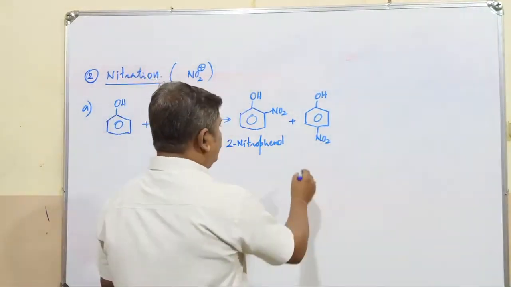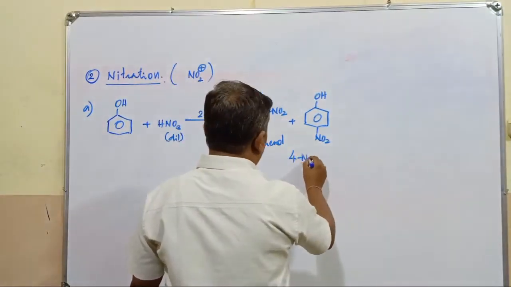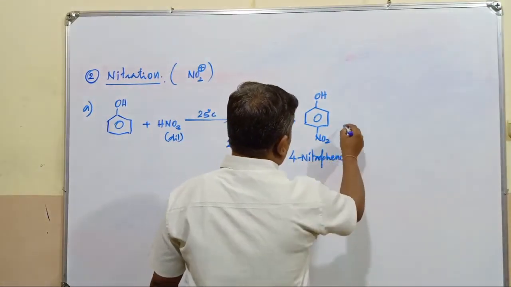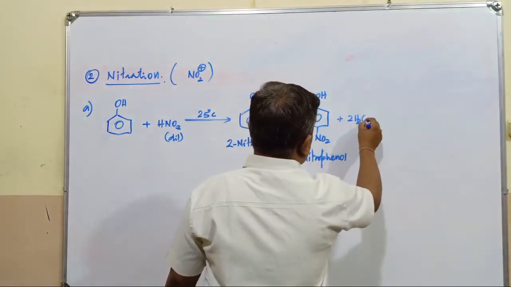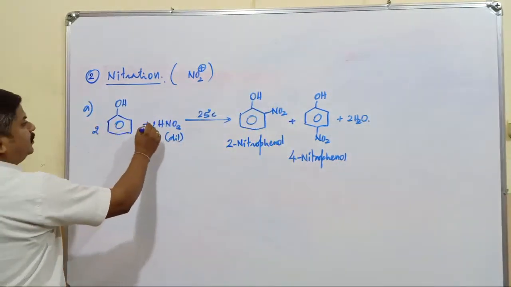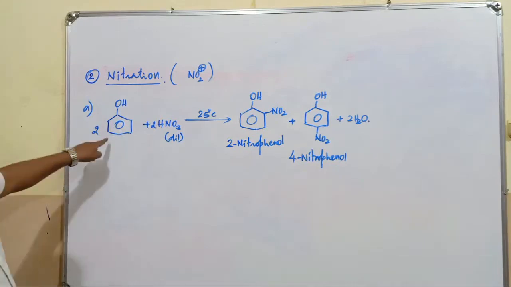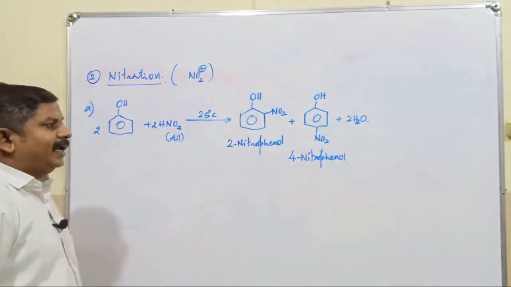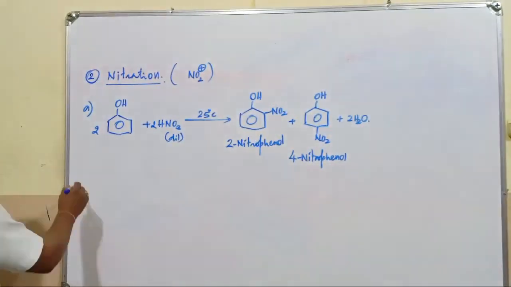It is known as 4-nitrophenol, plus 2 moles of H2O. When phenol reacts with dilute nitric acid at 25 degrees Celsius, they form 2-nitrophenol and 4-nitrophenol.